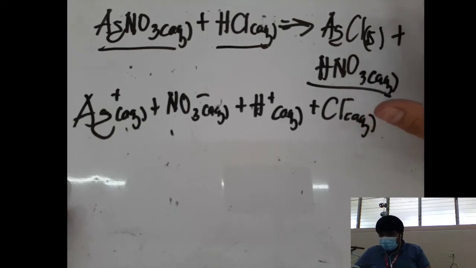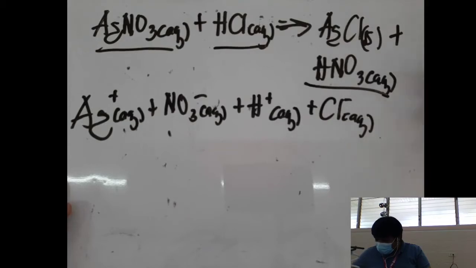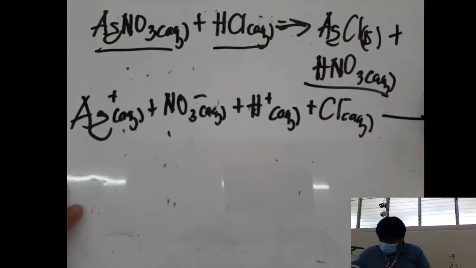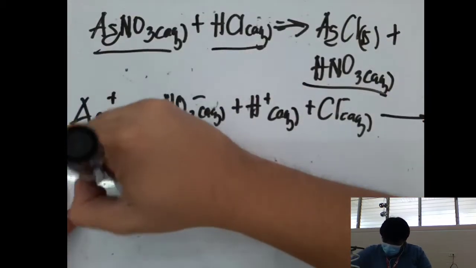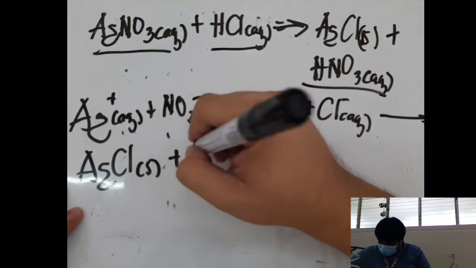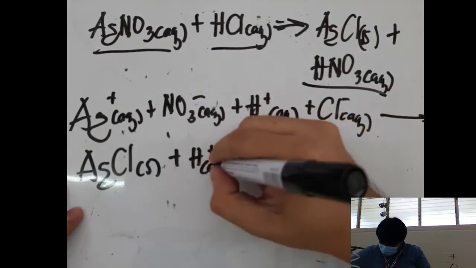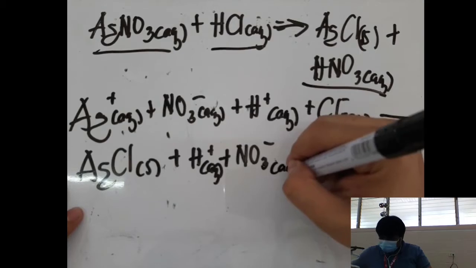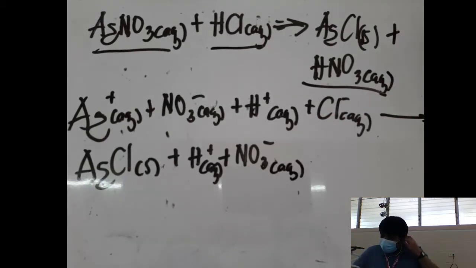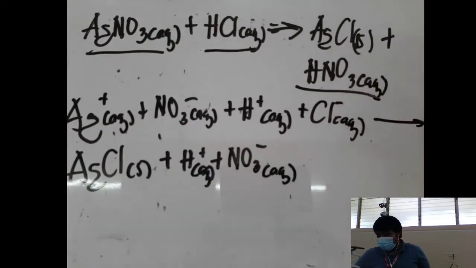If you account the number of ions in the solution there, we have AgCl, since it will not dissociate into ions, plus the hydrogen and nitrate ions. Now we remove the spectator ions, which are the ones that remain aqueous, who remain ions both in the reactant and the product side.